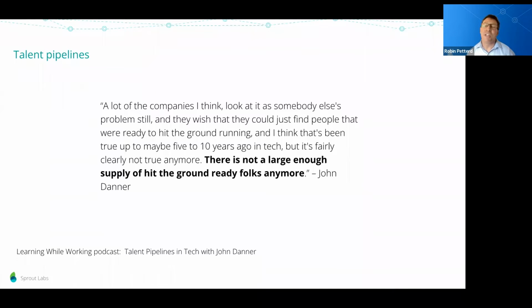This particular conversation was about pipelines, and had 2 layers to it. It was one, the problems that he was seeing in the organizations that he was coaching and working with, and then 2, some of his companies were also doing skills work as well. So he had this idea that we all need to take responsibility for our talent pipelines. We can't sit there and say, someone else is going to be able to do this.